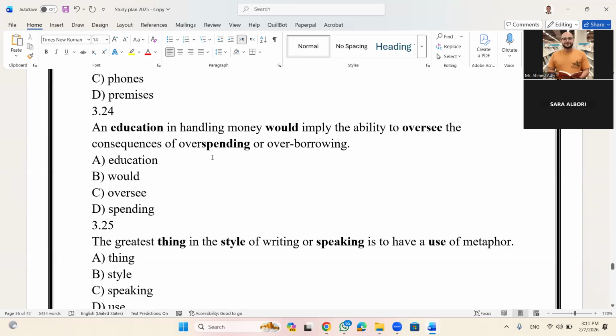So here we've got some advice. It talks about learning about money and how to manage your money. This will help you keep your eyes on the consequences, the negative results of overspending money, being extravagant or overborrowing money.